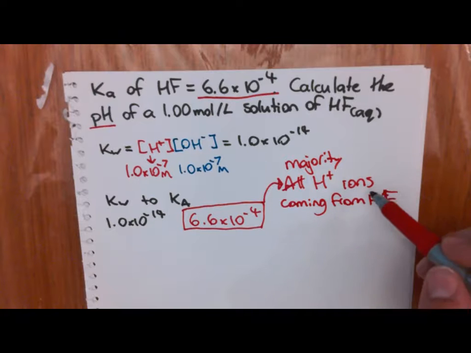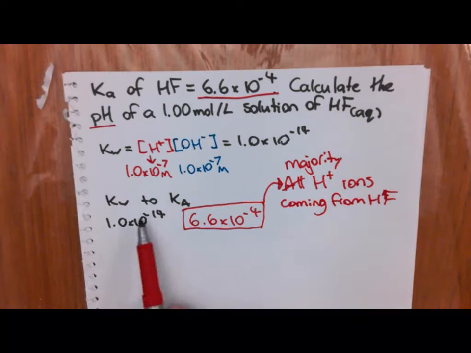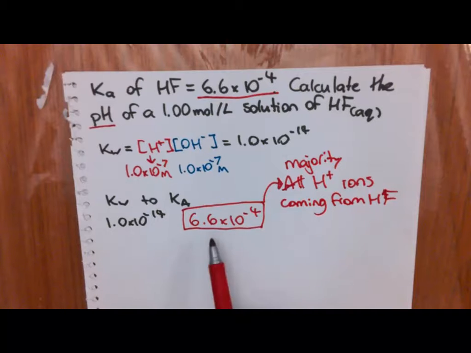Most of the time you aren't going to get a question where the majority comes from your water, just because this constant is so low. However, sometimes they may throw a curveball in there. I don't think I'm planning on throwing you a curveball like that, but it's always good just to check, to make sure that you do know that the majority of the H plus ions are going to be coming from your HF.